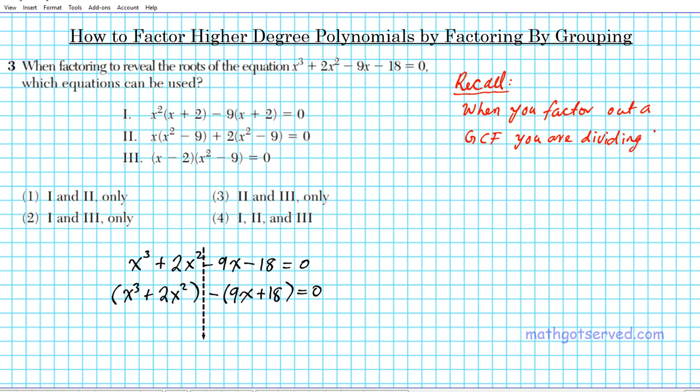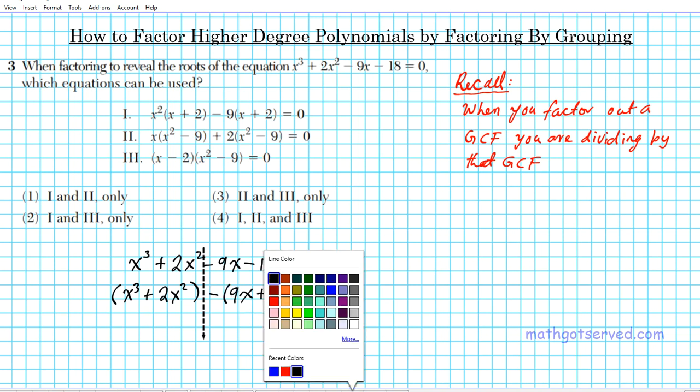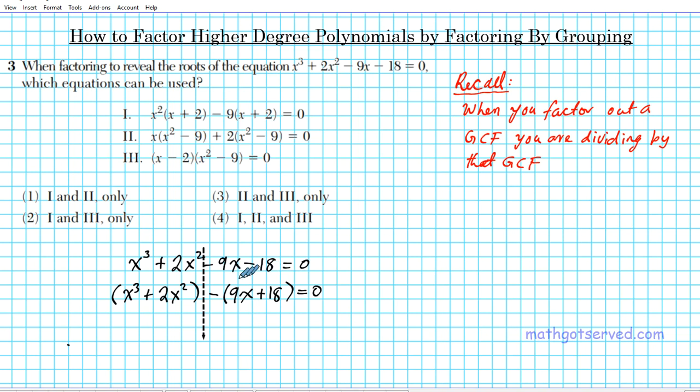You're dividing by that GCF. That's what factorization is. So just to illustrate, in this particular case, we factored out a minus. So what we were doing in essence is that we were dividing these 2 terms by negative. That's why these signs change. Alright, because when you divide by negative or multiply by negative, the sign changes to the opposite.